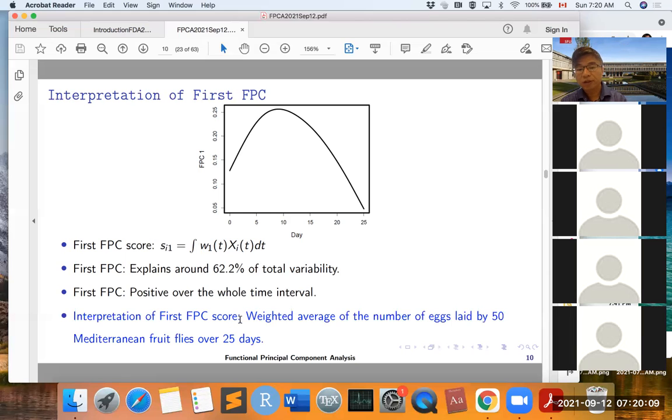So this is how we interpret the first FPC score. The first FPC score is the weighted average of the number of eggs laid by 50 fruit flies over 25 days, with the highest weight around day 5 and the lowest weight around day 25, right? So the first FPC score is just the weighted average of the curve.